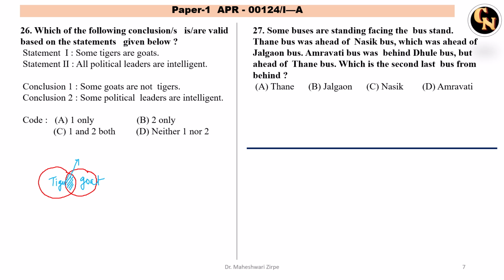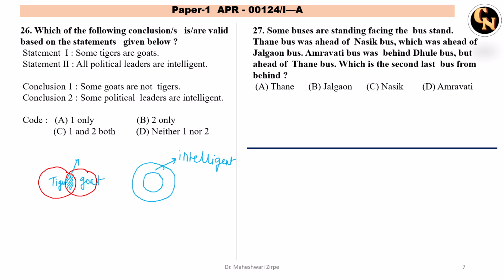Now the next statement says that all political leaders are intelligent. This can be shown by such a diagram. Suppose this is all political leaders, and they are saying all political leaders are intelligent. So whoever is a political leader, they all are intelligent. Let us say the bigger circle indicates intelligent. Now let us draw one more circle.